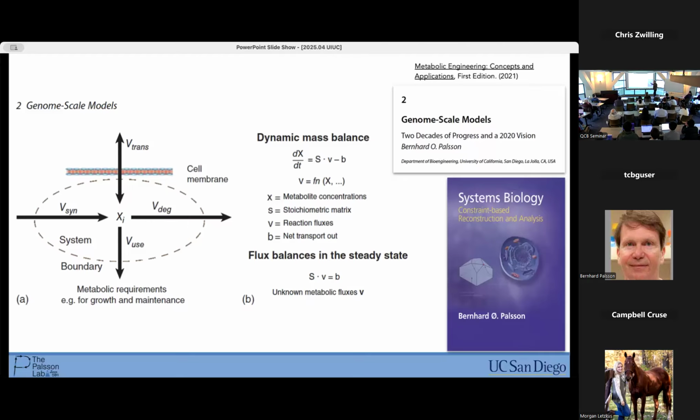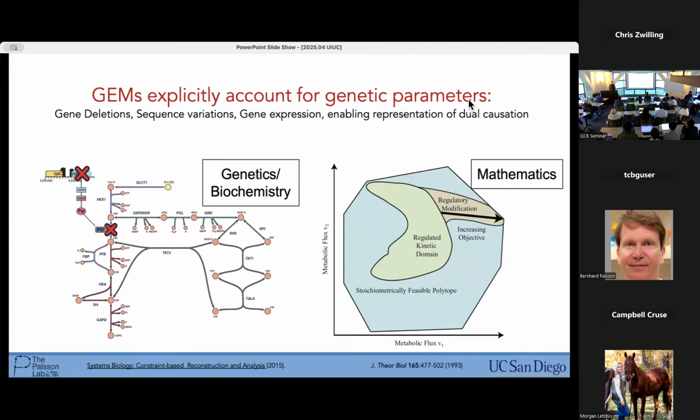And I ended up writing a 600-page book on this, which I will never do again. It took like forever to do. And there's a nice review paper on them here. They are interesting and kind of biologically meaningful because they explicitly account for genetic parameters as described there. And here's just one example of that.